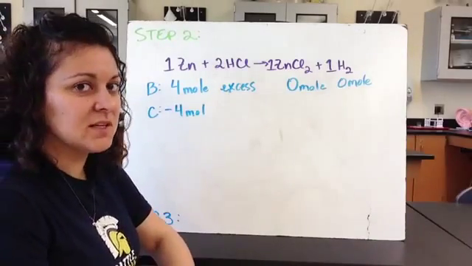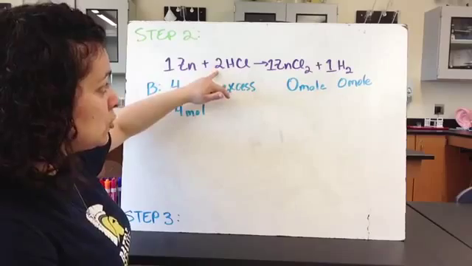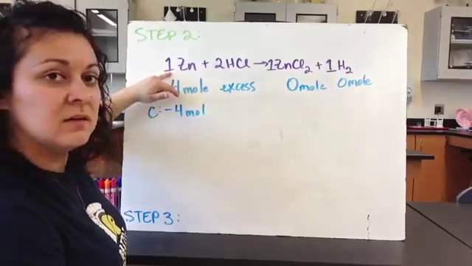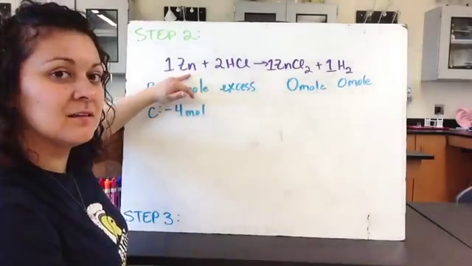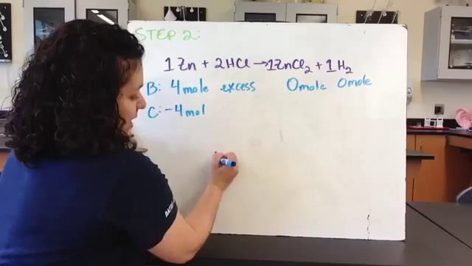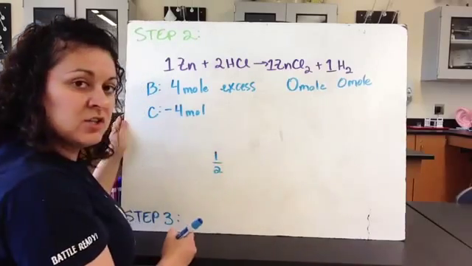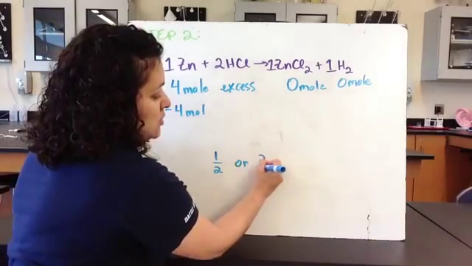All right, here's where it gets a little bit tricky. We have a 2-to-1 ratio for hydrochloric acid and zinc. So now we have to decide, what are we going to do? Are we going to have a 1-to-2 ratio, and we're going to use this number, or are we going to have a 2-to-1 ratio?